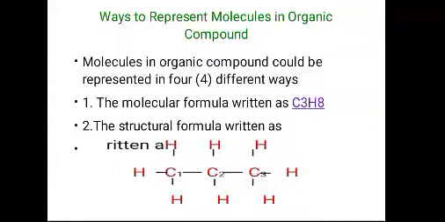The second is using the structural formula. As can be seen, each element is seen bonded with each other. Let's take a look at carbon number 1. You can see that carbon number 1 is bonded with 3 hydrogens and 1 carbon, that is carbon number 2. Carbon number 2 bonds with 2 carbons and 2 hydrogens.